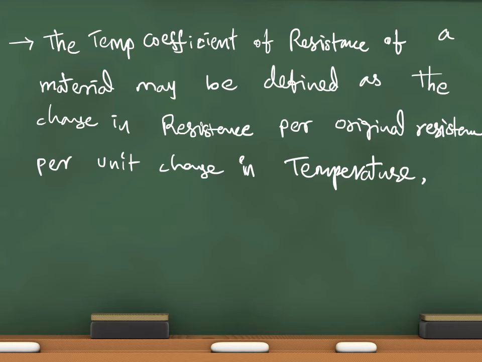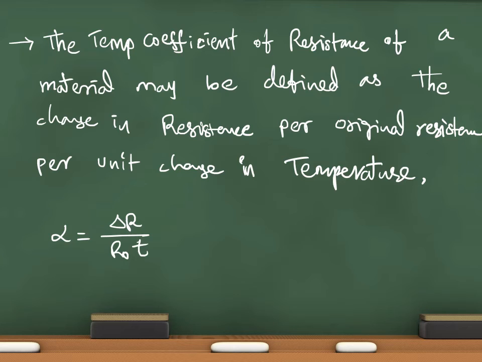And that can be written as alpha equal to change in resistance with respect to original resistance per unit degree temperature. Okay, that is the formula.